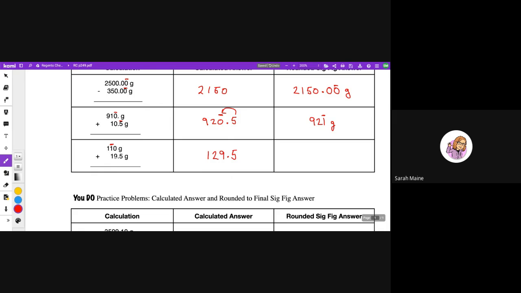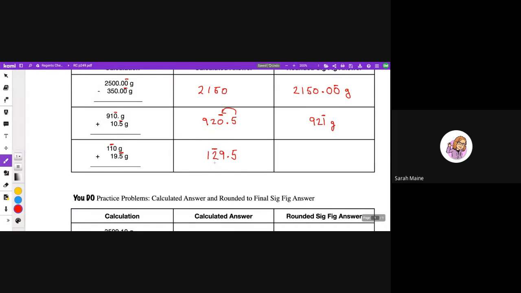When we look at 19.5, we don't have any zeros. They're all non-zero digits, so they're all considered significant. So the digit of 5 in the tenths would be our most right. The last place that these digits line up is in the tens position. So we can only keep digits in the calculated answer down to the tens.